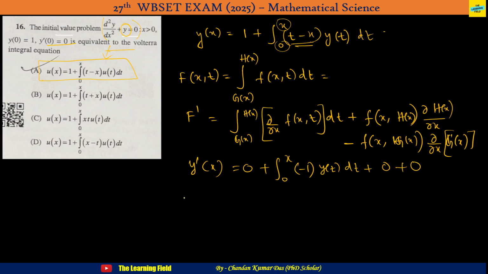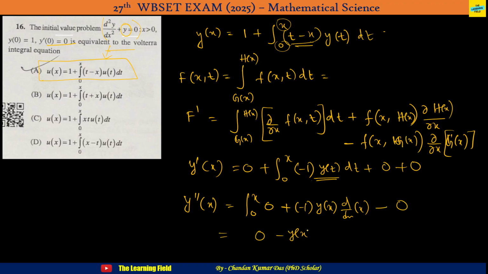Again differentiating, y double dash equals integration 0 to x of del by del x of this function, which is 0 because there is no function of x, plus minus 1 into y(x) into d/dx of x minus 0. This equals 0 minus y(x), so y double dash plus y(x) equals 0.